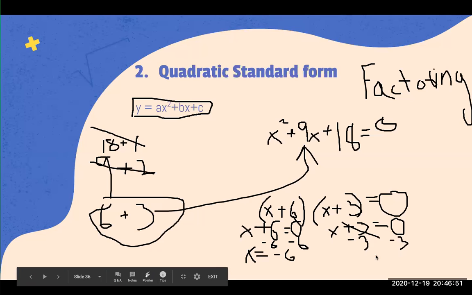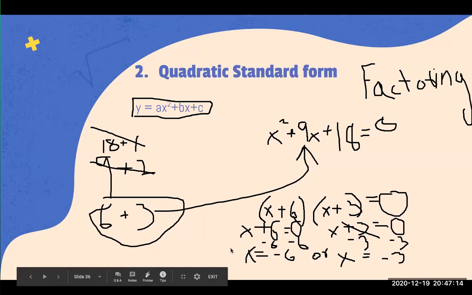So that's 0 minus 3, which is negative 3. And we have x is equal to negative 3. So the answer, finally, is x is equal to -6, or x is equal to -3.